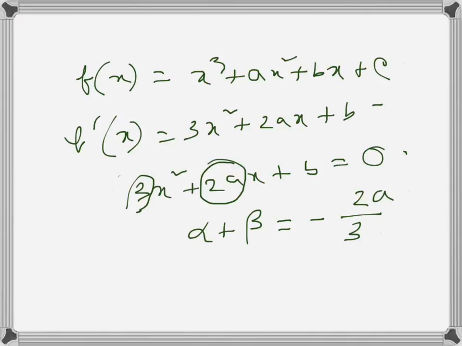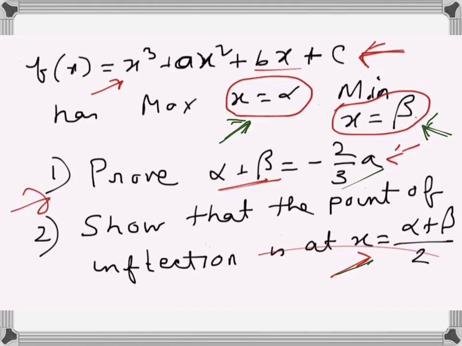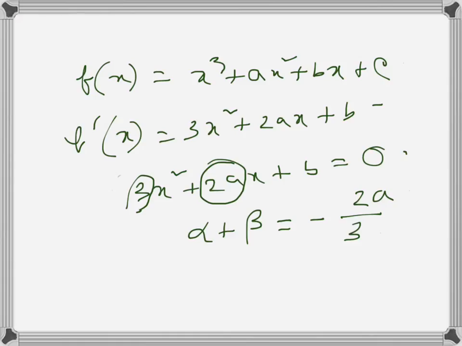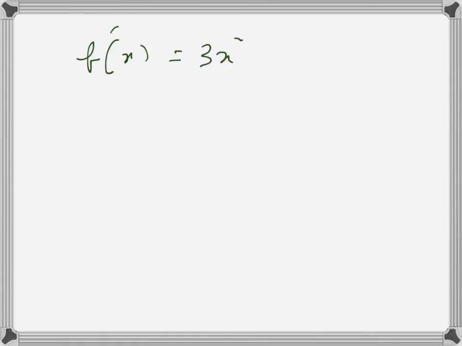Now for the second part, we have to show that the point of inflection is x equals alpha plus beta over 2. We know the point of inflection is where the second derivative is 0. The first derivative is 3x squared plus 2ax plus b.